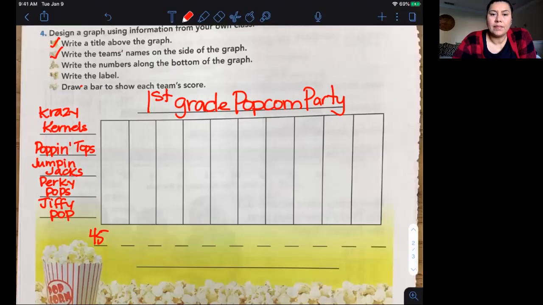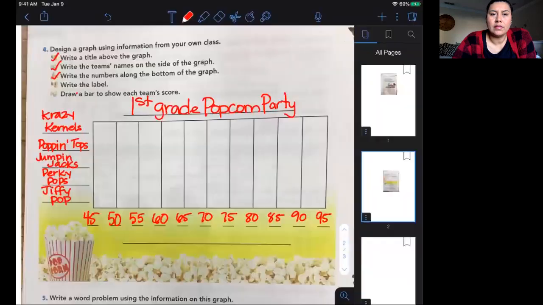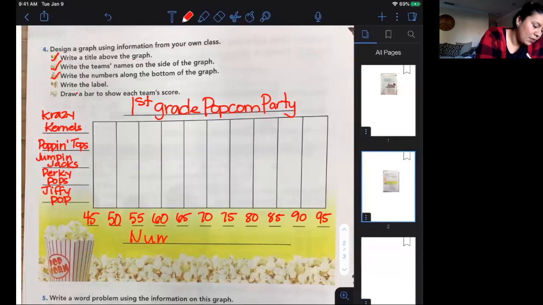And you can't even see it because, hold on. Sorry, friends. Okay, now you can see the numbers. So copy down the numbers, 45 to 95. And then on the bottom, you're going to write number of kernels.